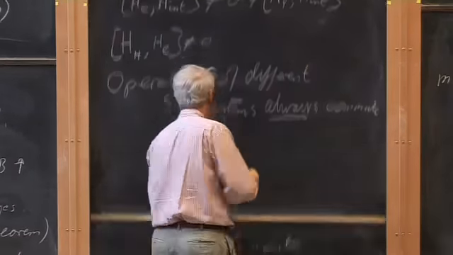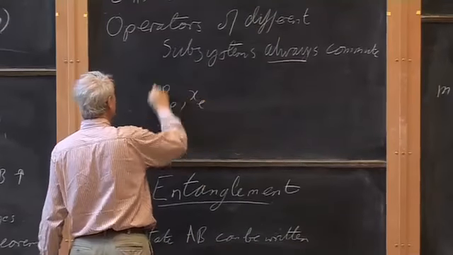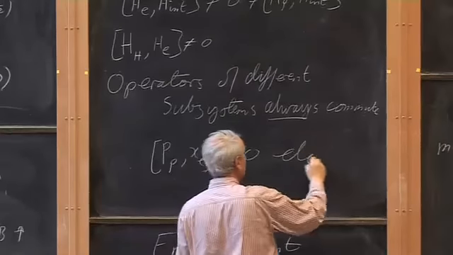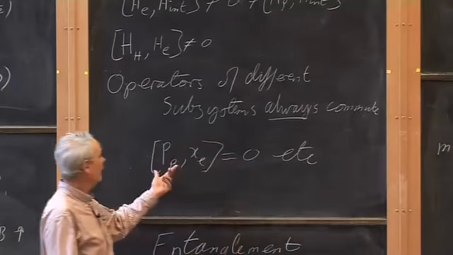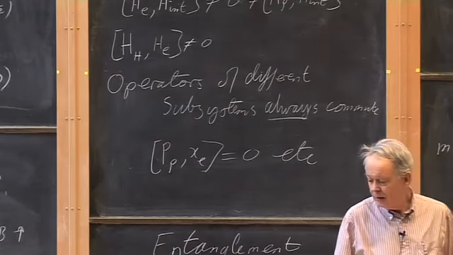So, for example, the commutator of p proton and x electron is precisely nothing, etc. We do not have to worry about non-vanishing commutators of operators that belong to different subsystems.